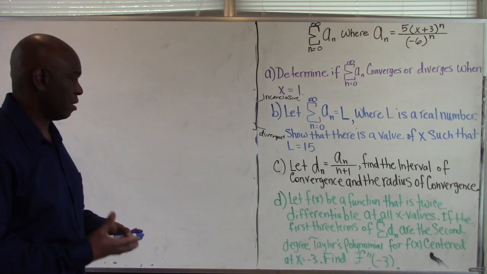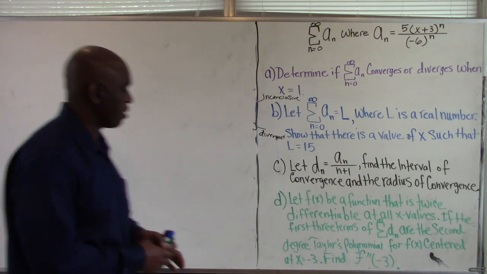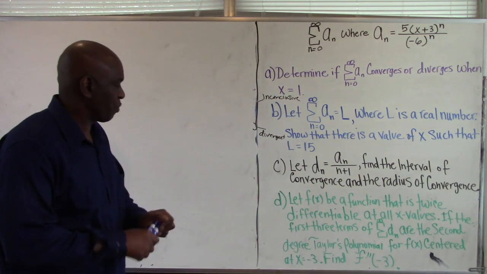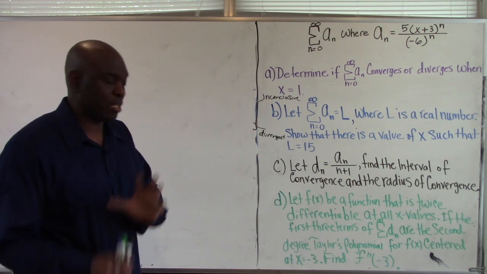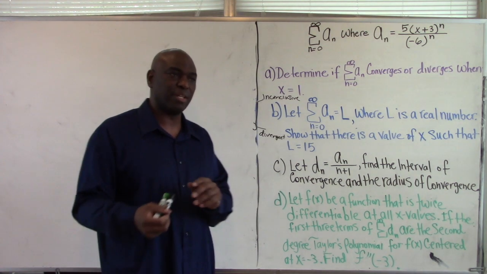If the first 3 terms of the series are the second degree Taylor polynomial for f of x centered at x equals -3, find f double prime of -3.